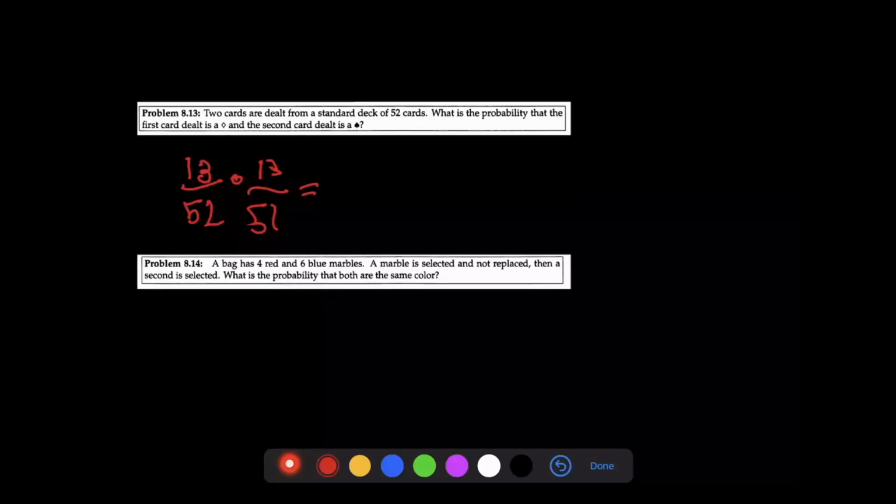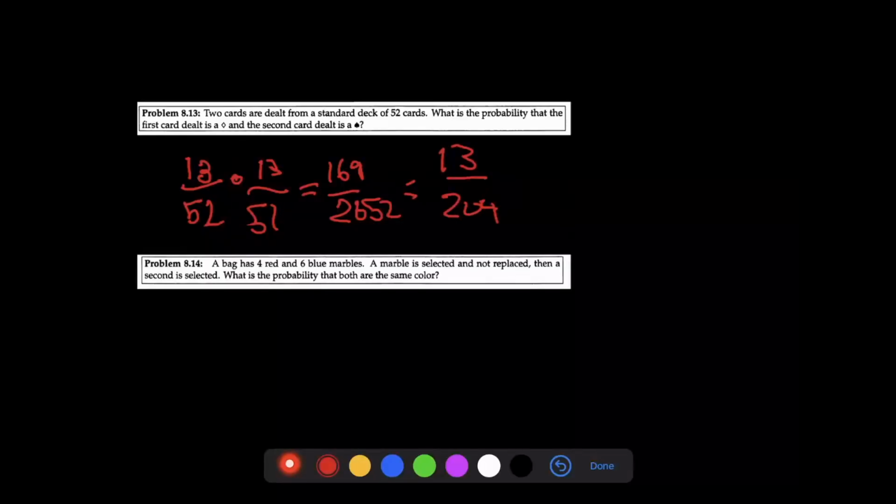Therefore, our answer is 169 over 51 times 52, which is 2652, or 13 over 204. Understand why each of them are not 1/4. It's not just 1/16. It is 13 over 204.